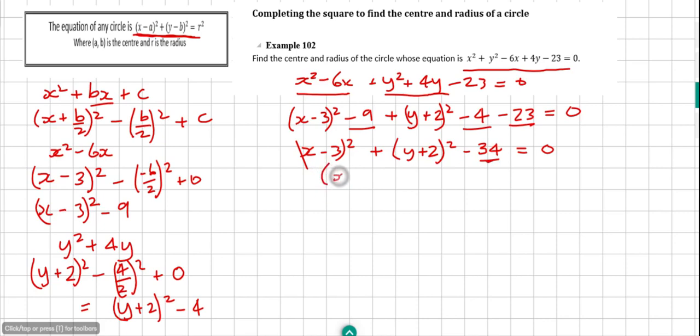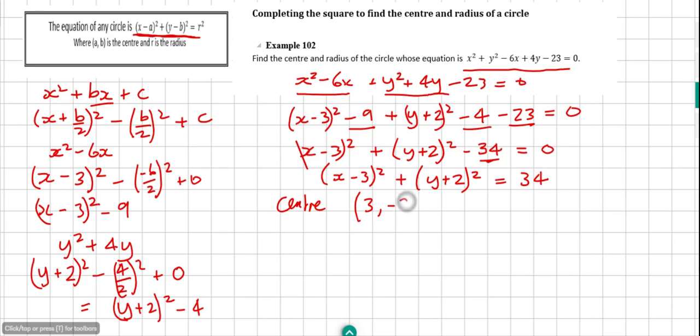So we're going to get (x minus 3) all squared plus (y plus 2) squared equals 34. So we can see then this is a circle with center, and the a value is 3, so center 3, and b is actually -2 because we just changed the sign to the opposite sign in here.